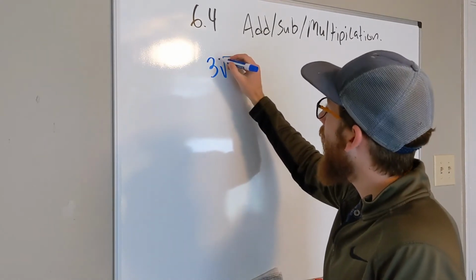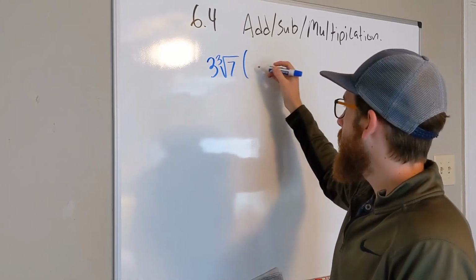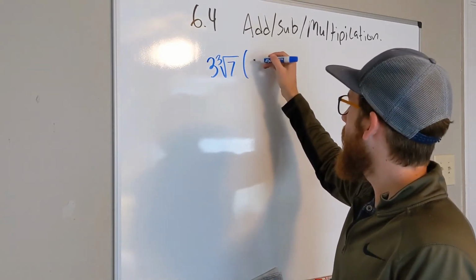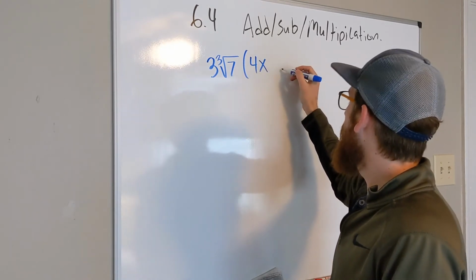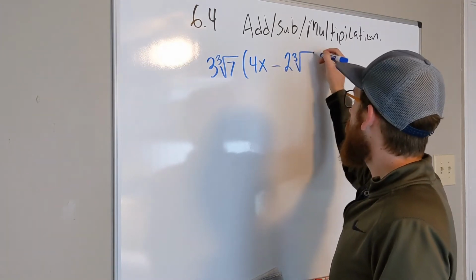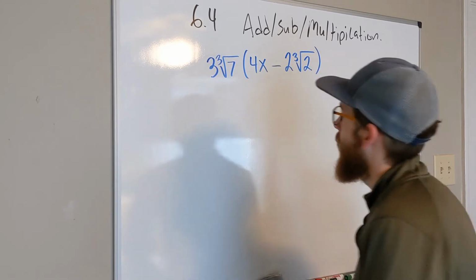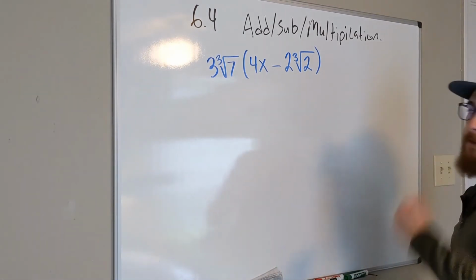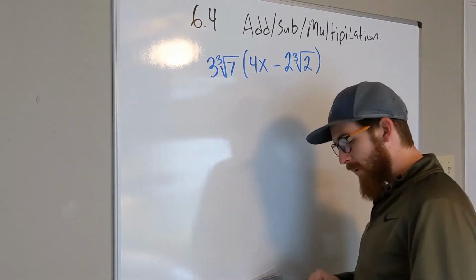3 cube roots of 7 times 4x minus 2 cube roots of 2. Okay, so this one is a little bit more challenging, but remember, we still just do what?